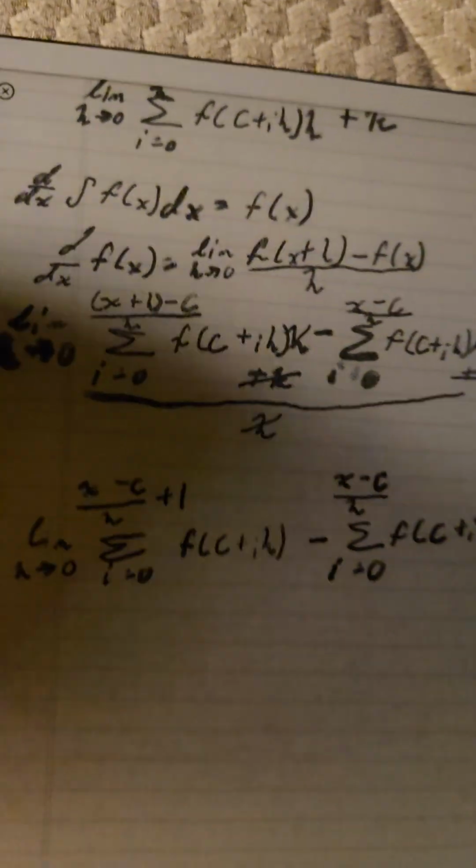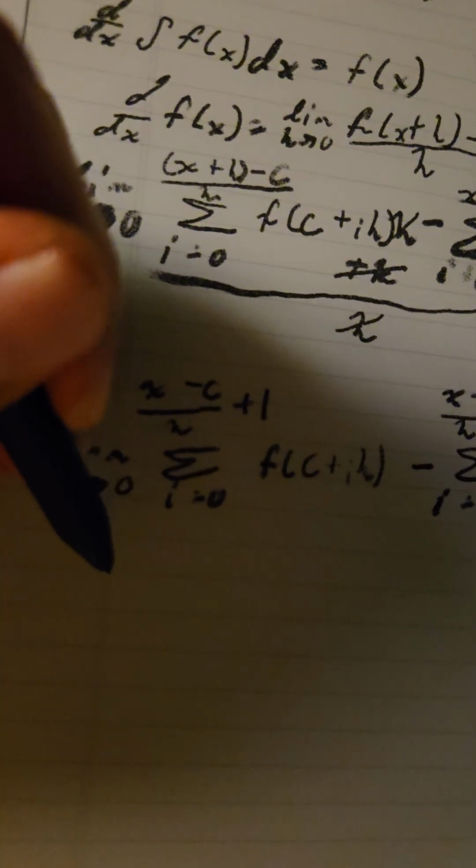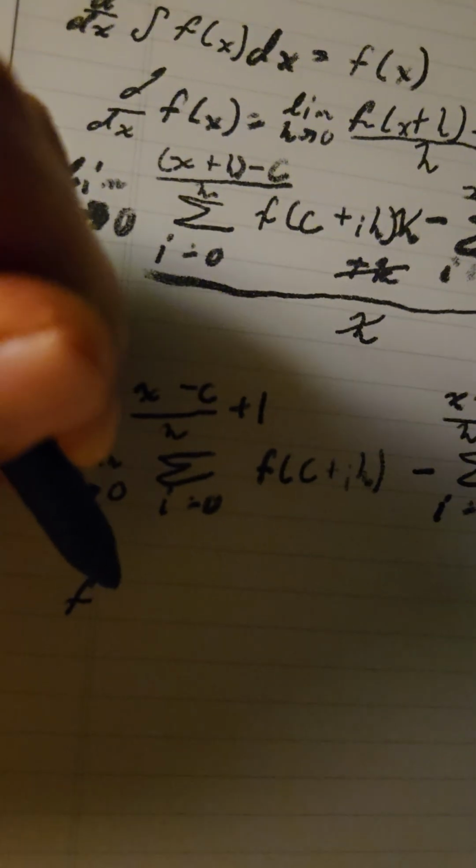And you're going to subtract the summation i equals 0, (x minus c) all over h, f of c plus ih. And you're going to bring this term down so that you're left with f.